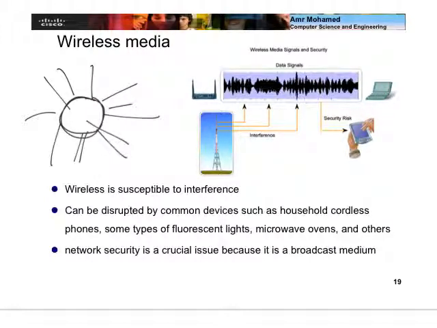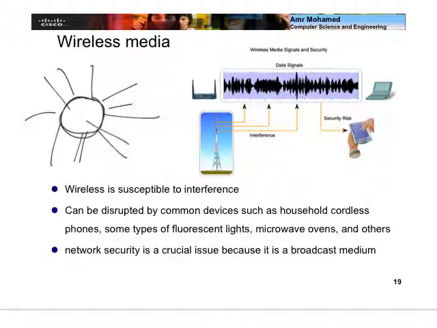In addition to the fact that it's susceptible or prone to interference, and it can be disrupted by many other devices, security becomes an issue. Why? Because we're not, again, sending a signal across a wire. If you're tapping the wire, then you can listen to the signal.